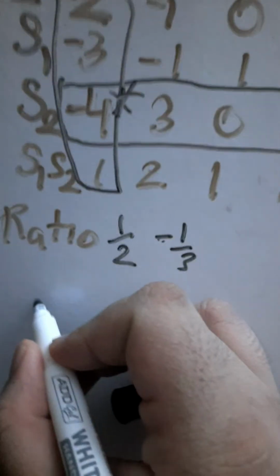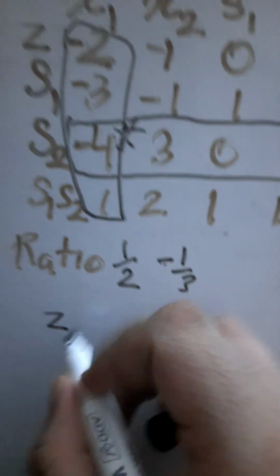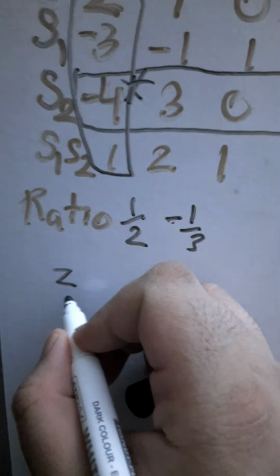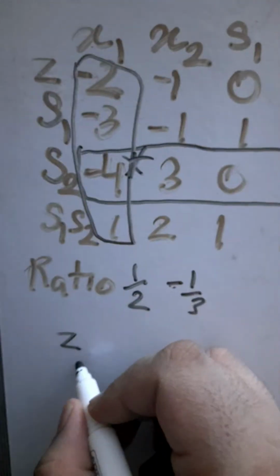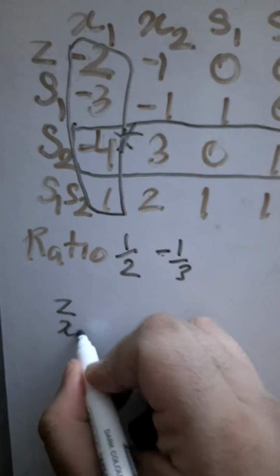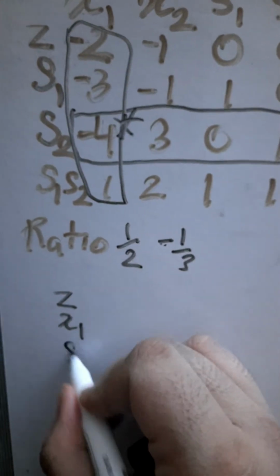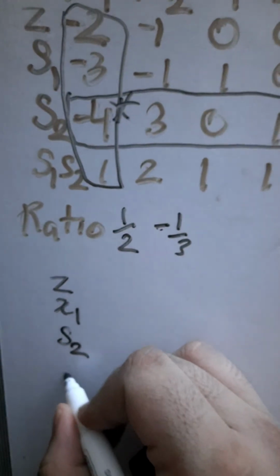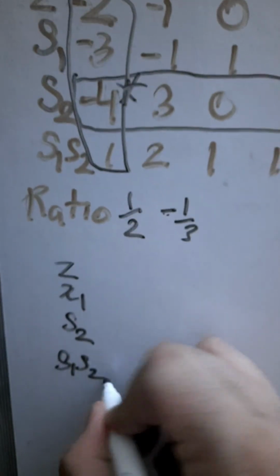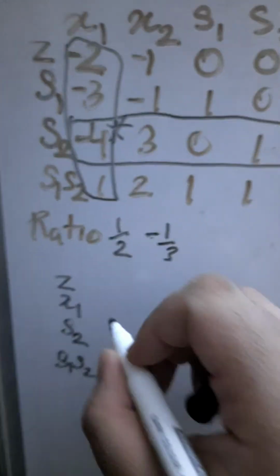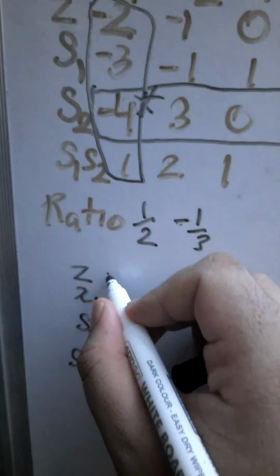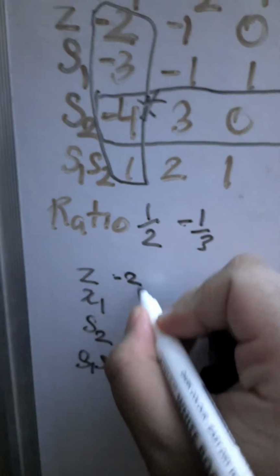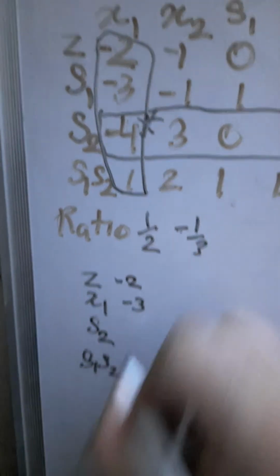Iteration 2. z, and also these get exchanged, like x1 comes here and s2 just vanishes, okay? Because we found s1, sort of, right? x1, s2, s1, s2, something like that. Minus 2, minus 3.